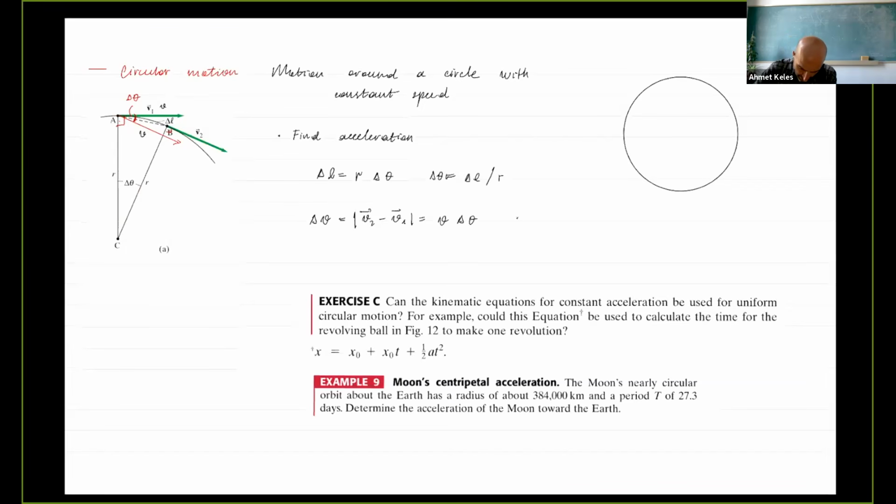Then delta V is equal to, I just plug this in, V times delta L over R. Okay, good.